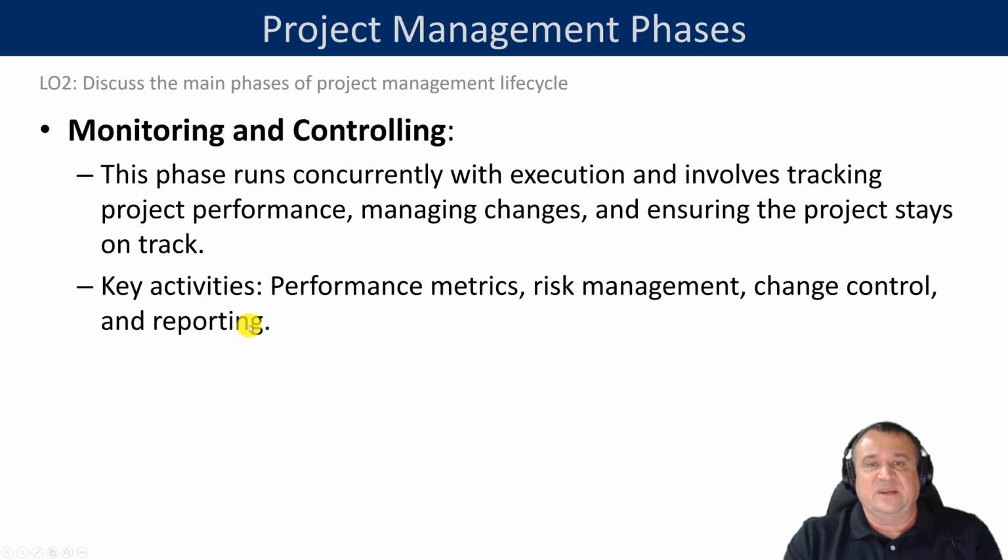So some of the key activities that happen during the monitoring controlling phase: comparing results with performance metrics, let's say as outlined in the project management plan, doing risk management, anticipating the things that can go wrong and trying to interfere and prevent those risks from materializing. Change control management, which means if something is not working well, you may need to change something in relation to your project.